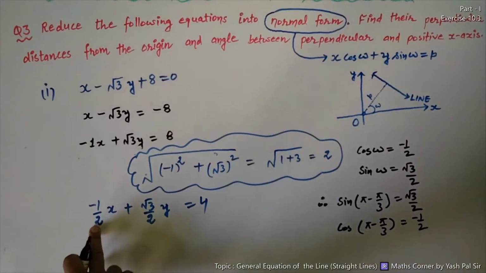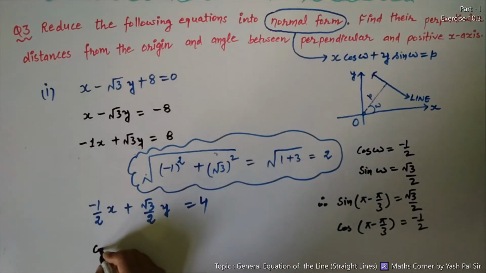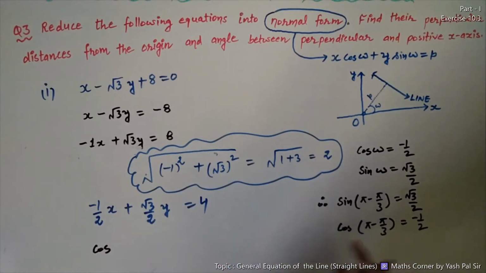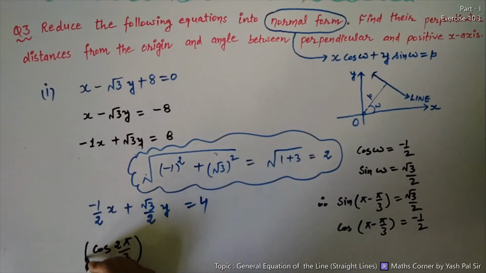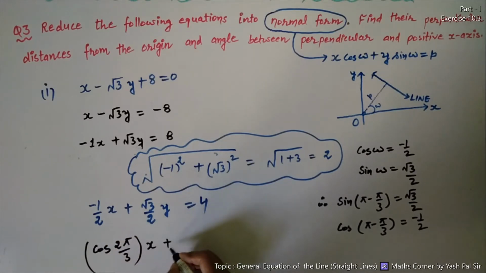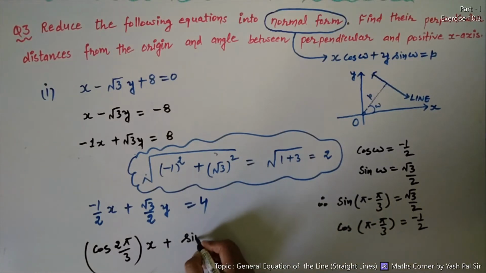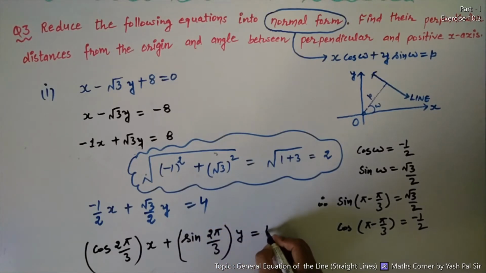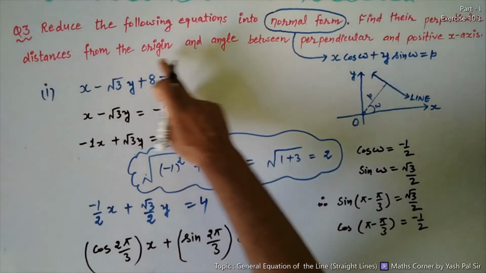It means we write minus 1 by 2 value as cos of 2 pi upon 3 into x, cos omega into x, plus square root 3 upon 2 value as sin of 2 pi upon 3 into y is equal to 4.